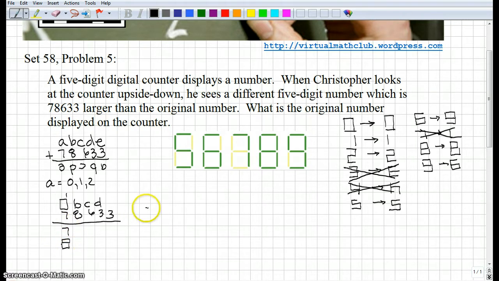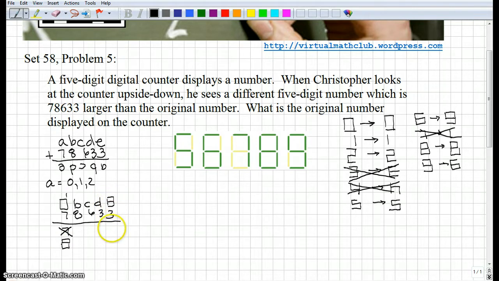And 7, it can't be a 7 because that doesn't look right upside down. When we turn it upside down, that would mean E has to be an L, but that's not a digit. So we can eliminate that, which means that if A is a 0, then there has to be a carry, and then E, the upside down E, is an 8, which would mean that this is an 8.